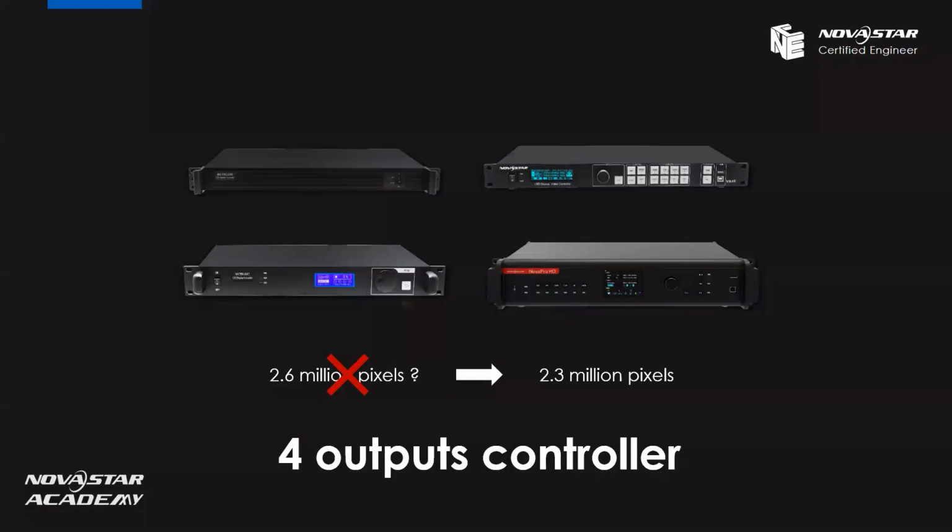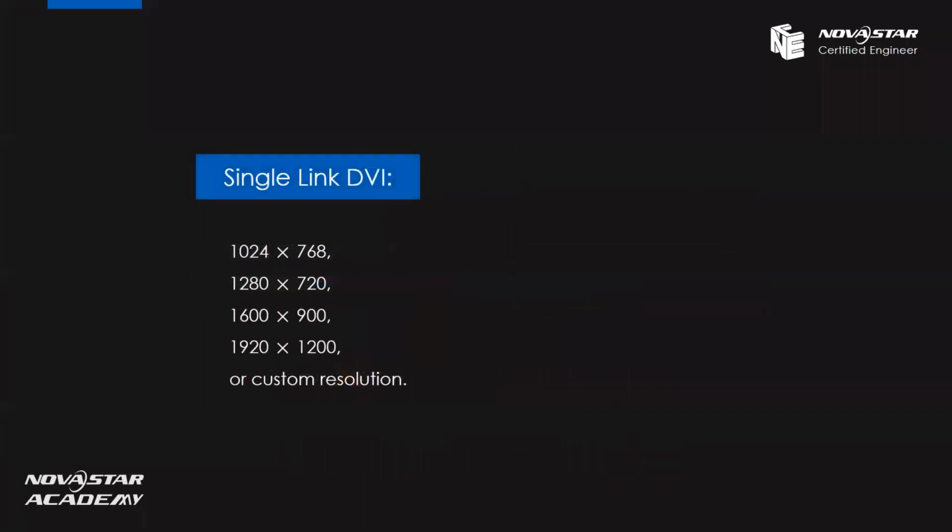Okay, I think maybe you have a question in your mind. Why can't I get all the capacity? Okay, let's check it out together. Now, all our normal products are using single-link DVI as input. And here we show you the commonly used single-link DVI input resolutions. And sometimes we also do some customized resolution.